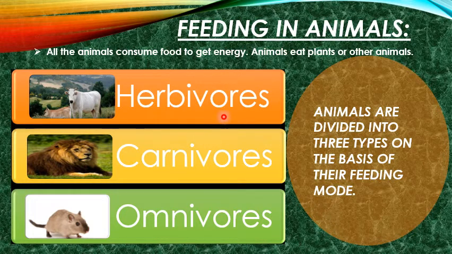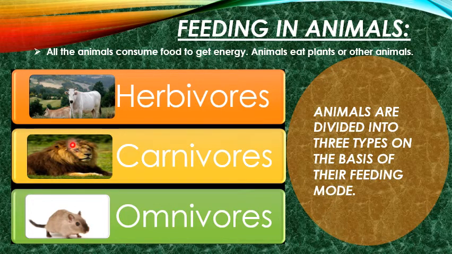Herbivores are those animals that feed on plants, for example, horse, sheep, cow, and so on. Carnivores, or carnivorous animals, are the animals that feed on meat, flesh, or other animals, like lion, tiger, dog, cat.